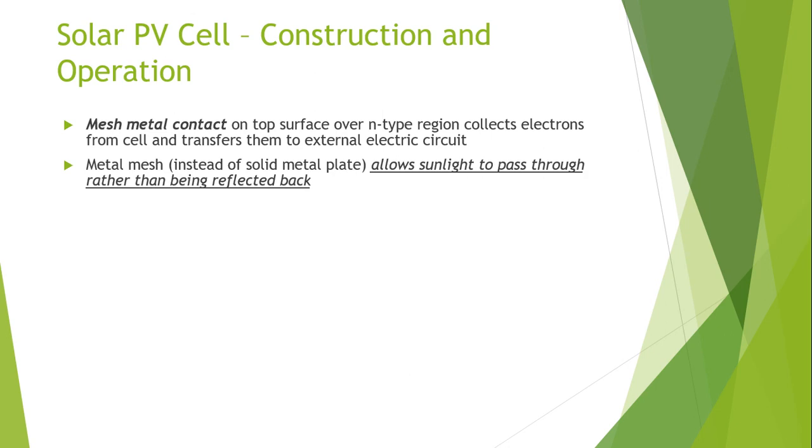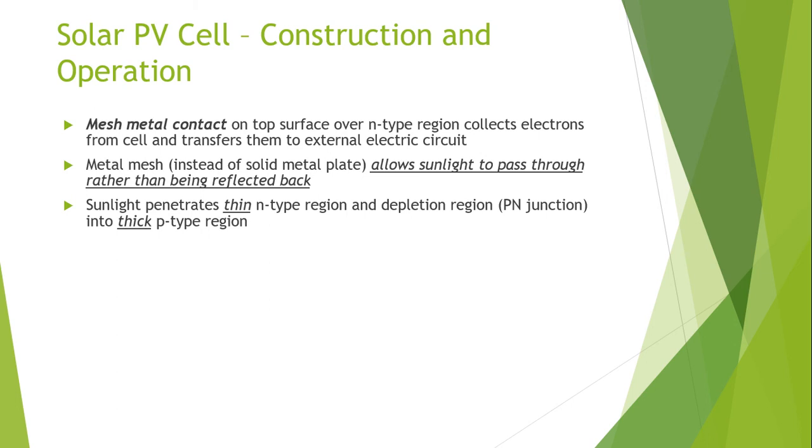Metal mesh instead of solid plates is encouraged in the structure because the mesh structure lets the sunlight pass through rather than being reflected back from the whole surface. So this is the reason you see metal mesh that is fabricated inside the solar panels.